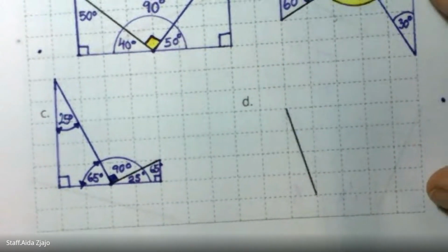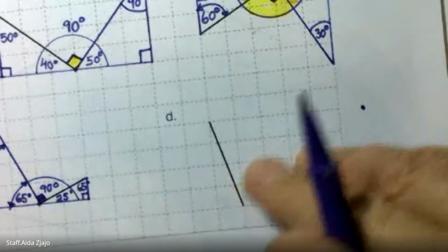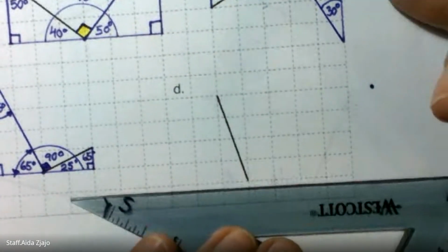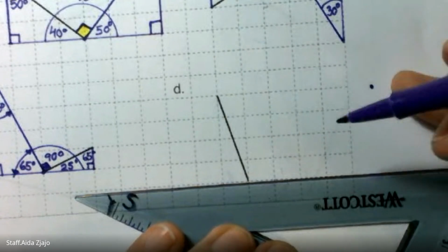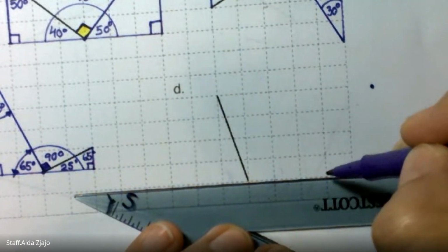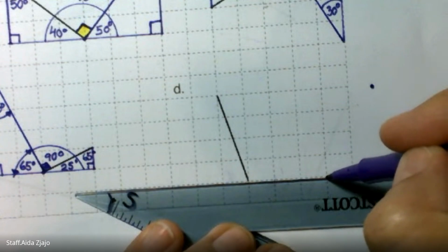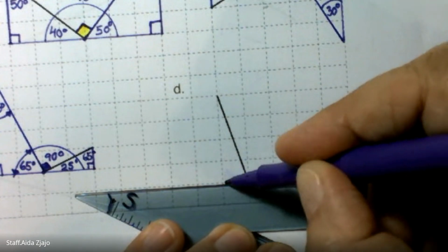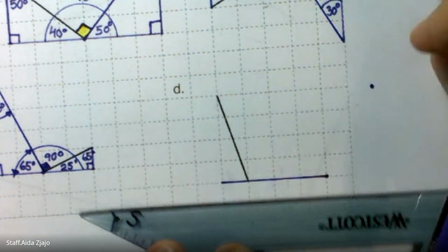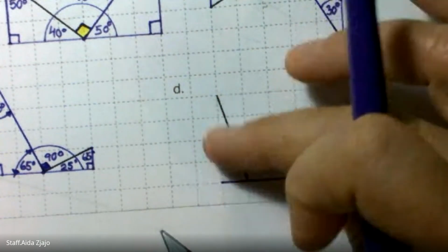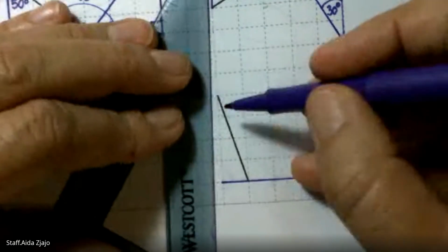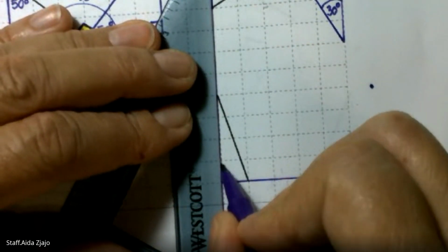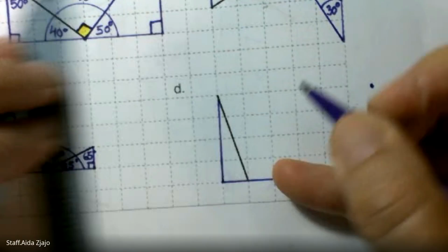So the last one is D. This time, let's see if I do a line like this. So I'm going to start with this right angle because I can see that the line segment with this is creating a right triangle.